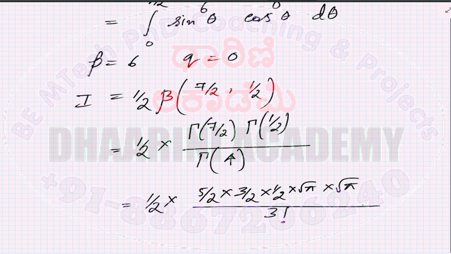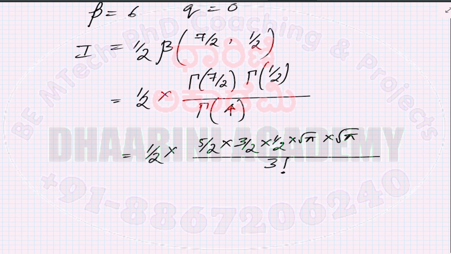I'll keep the pi as it is, because root pi into root pi is pi. Then simplify: 5 into 3 divided by 16 into 3, the 3 cancels. This is simply 5 pi divided by 16 into 2, so 32. Very simple answer.